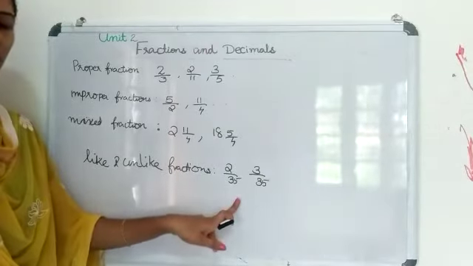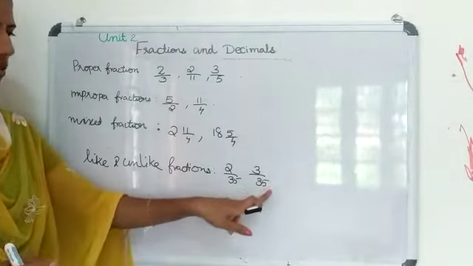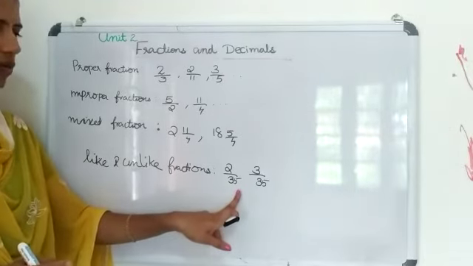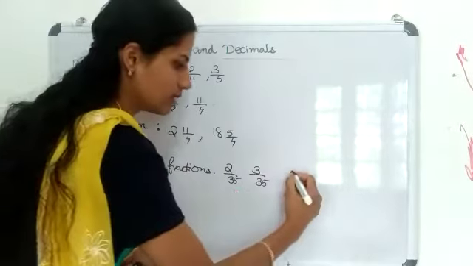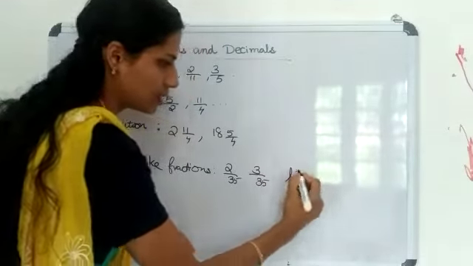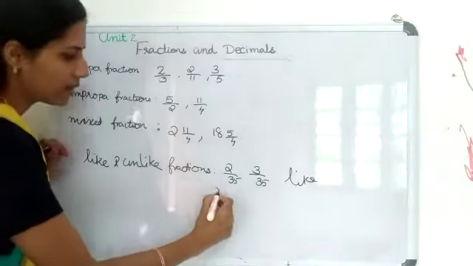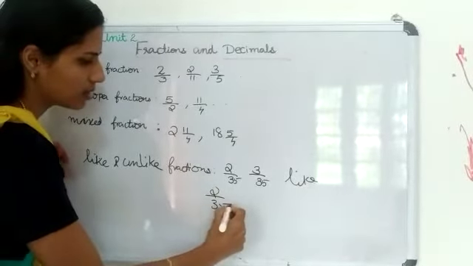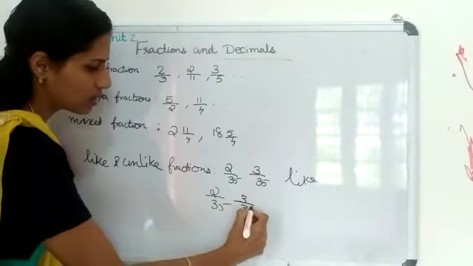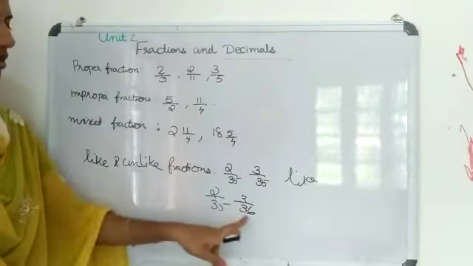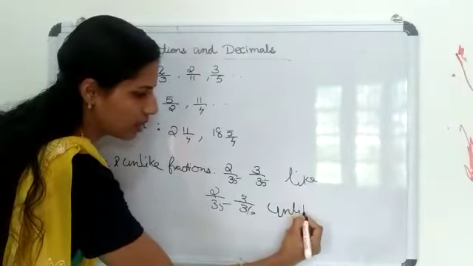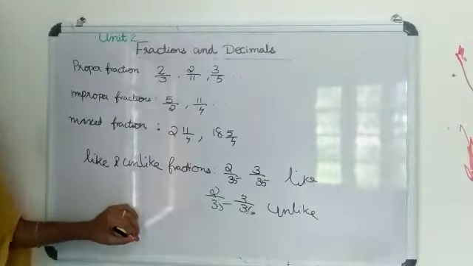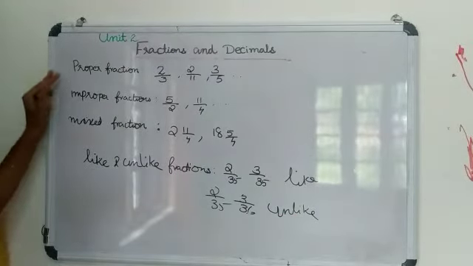So when we are taking two fractions and the denominators are the same or equal, then such fractions are called like fractions. If they have different denominators, like 3 by 36, then these fractions are called unlike fractions. This is all about the fractions.